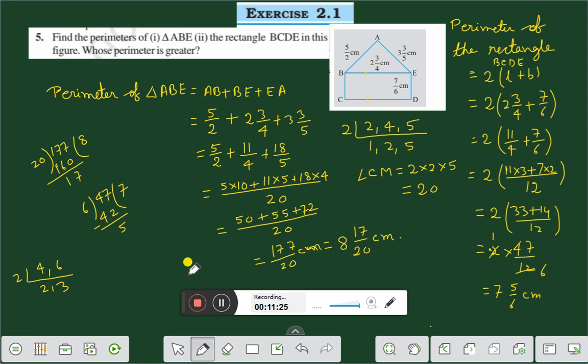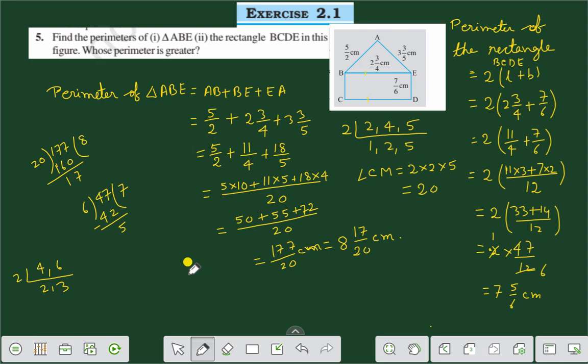Therefore, we find that the perimeter of triangle ABE is greater than the perimeter of the rectangle BCDE.